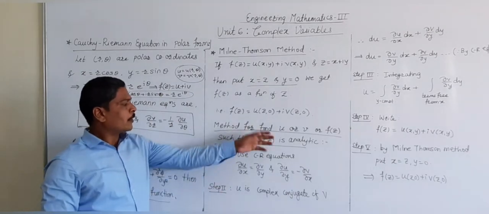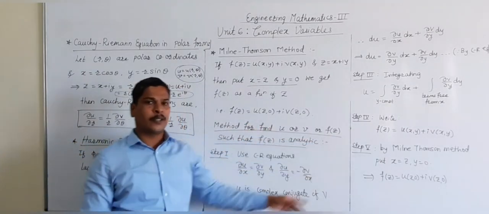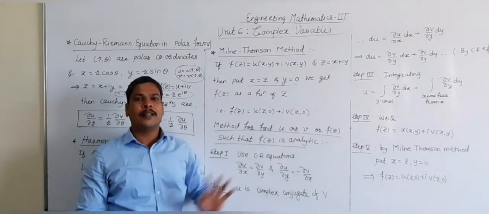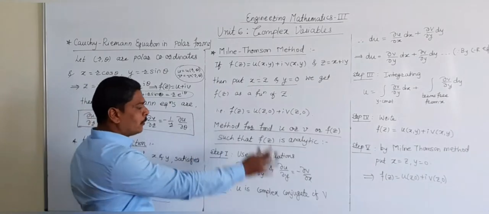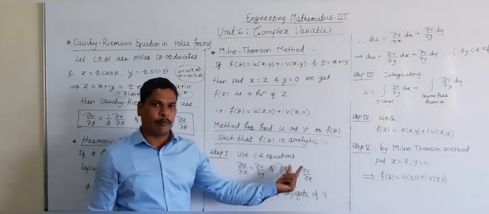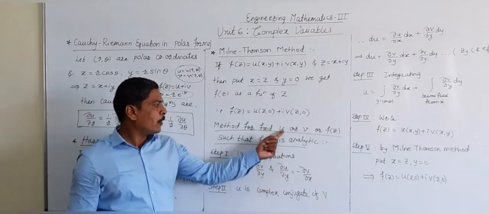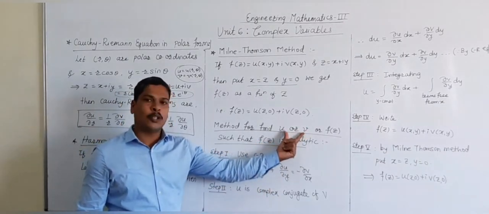Now next, our requirement is to find u or phi or f of z such that f of z is analytic. In that case we follow these steps. The first step is to use the CR equations. Either u is given or phi is given, any one of these two.